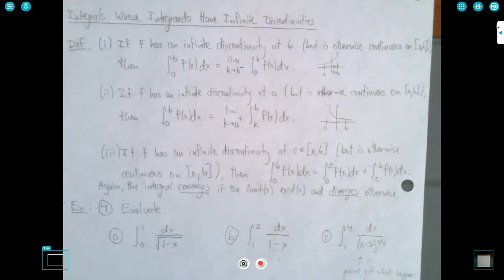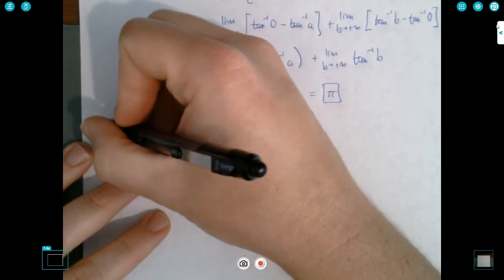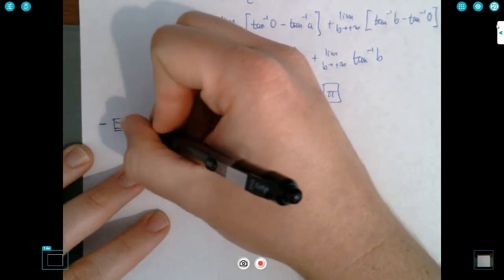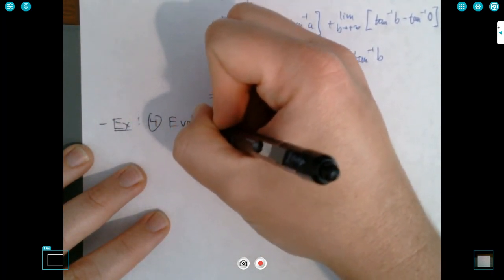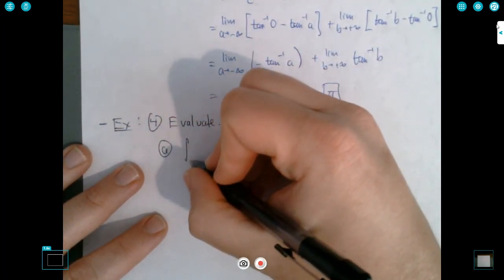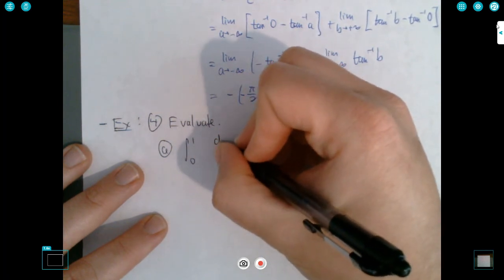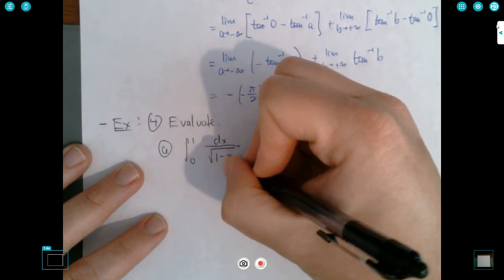So let me walk you through a few more examples. Three more examples. Let's evaluate some of these things. Okay, let's evaluate the integral from 0 to 1 of dx over square root of 1 minus x.